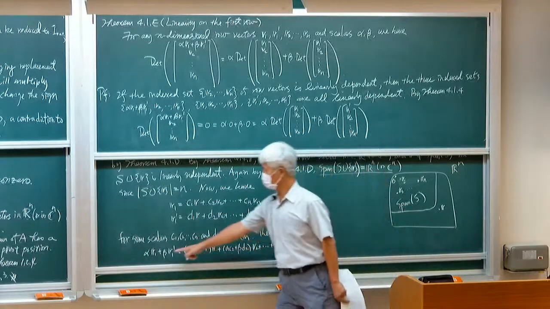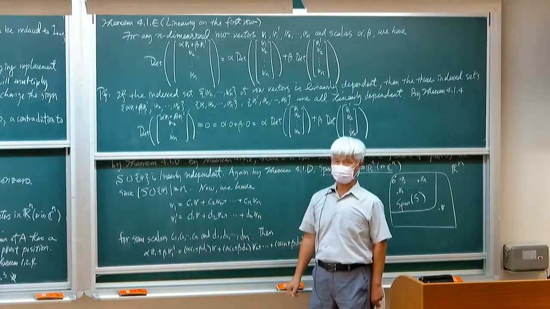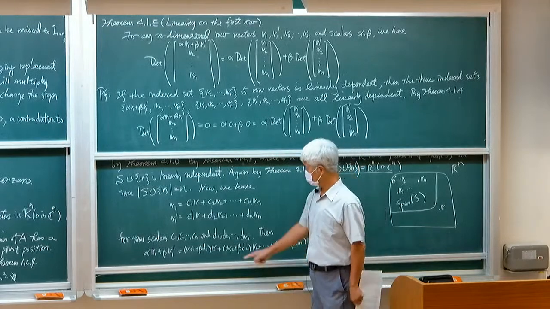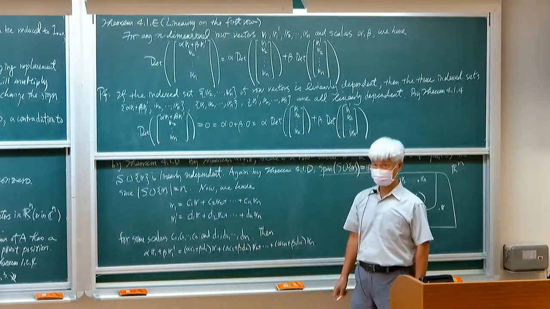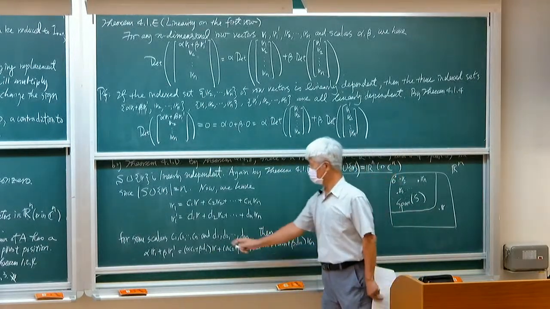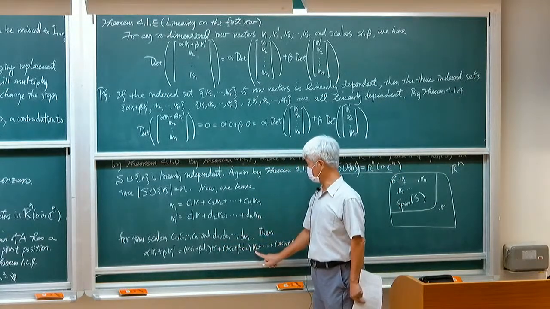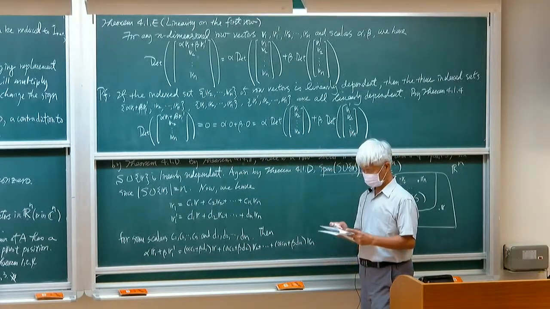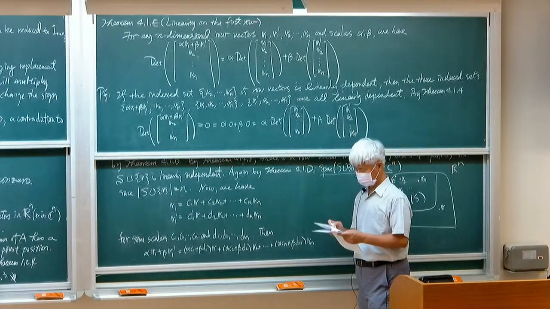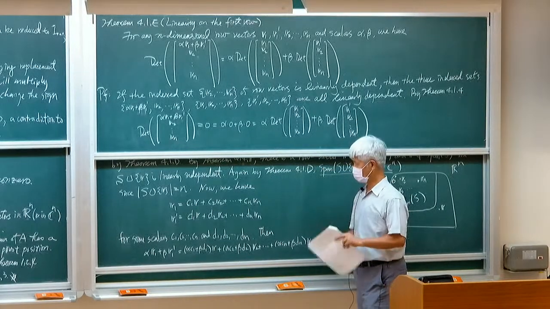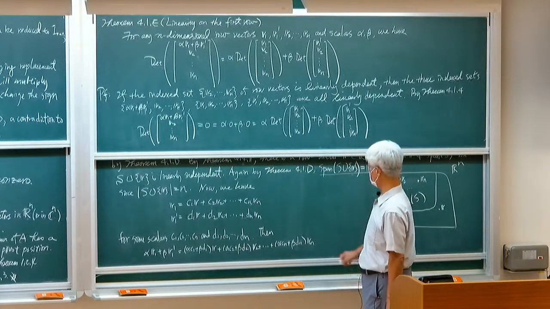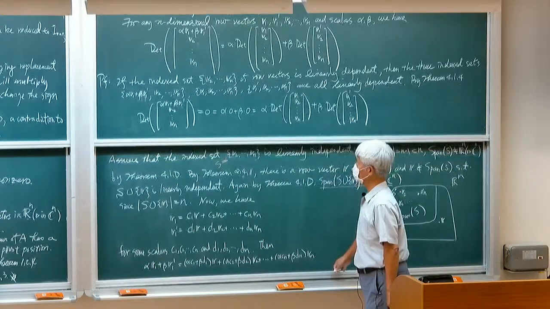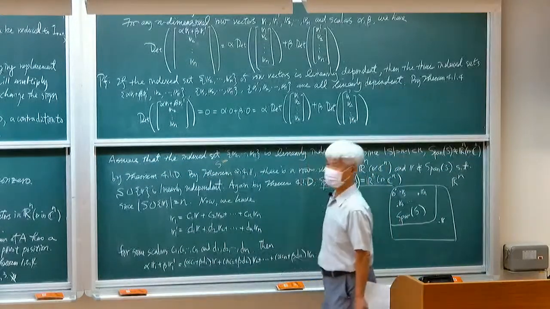So this linear combination of R1 and R1 prime can be represented as a linear combination of R, R2 up to Rn. Okay, any questions up here?